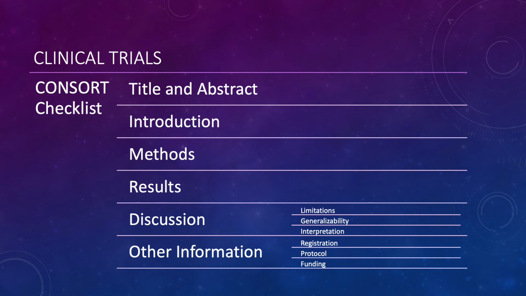It sets standards on the trial's design, analysis, and results. We also have the title and abstract, introduction, methods, results, and discussion, under which we have limitations, generalizability to a bigger population, and the interpretation of those results. Other information would include the registration of the product, the protocol, and the funding.